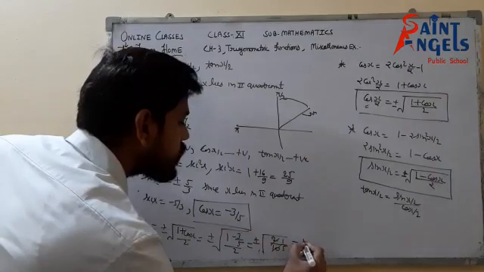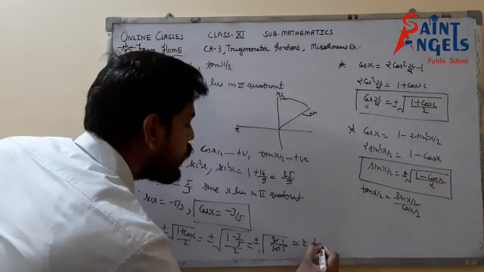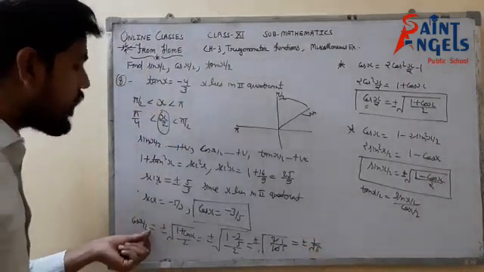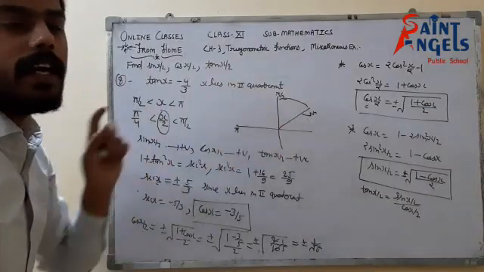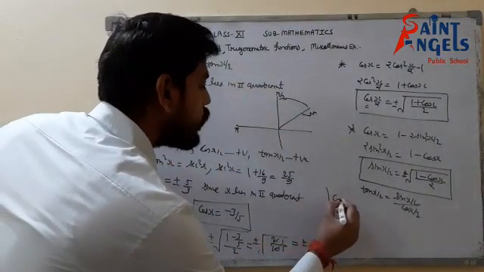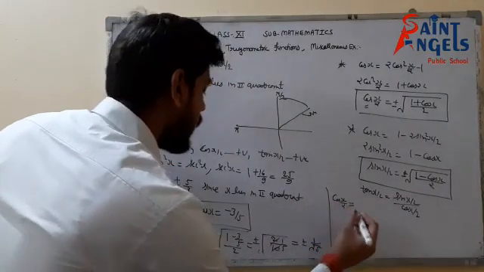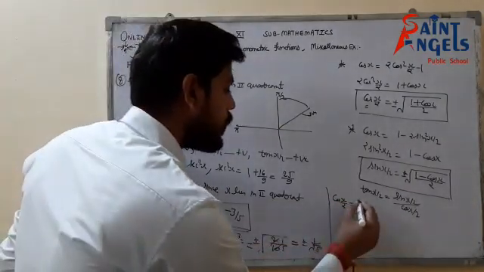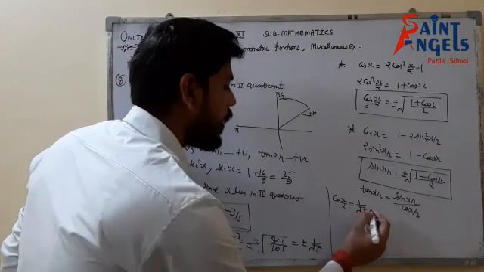So that is plus or minus 1 upon root 5. But we know that x/2 lies in the first quadrant, and in the first quadrant every ratio is positive. So cos x/2 would be 1 upon root 5, positive.